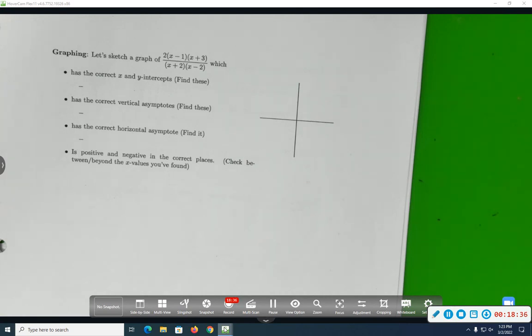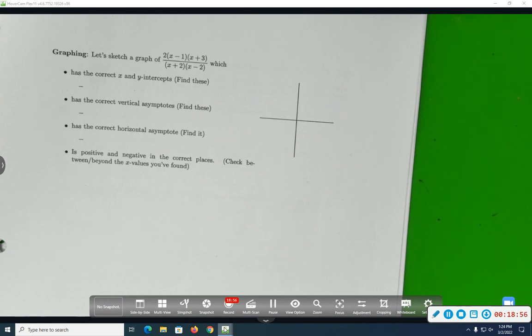All right. Let's come together. So let's now just go through the list of things. X and Y, so X-intercepts first. I give a 1 and a -3. Does that agree? Cool.